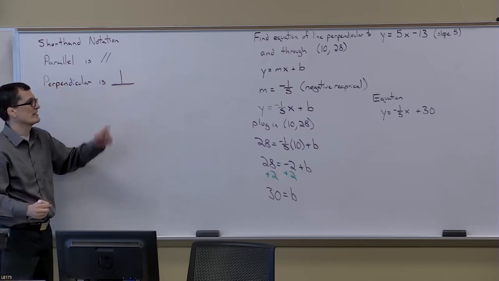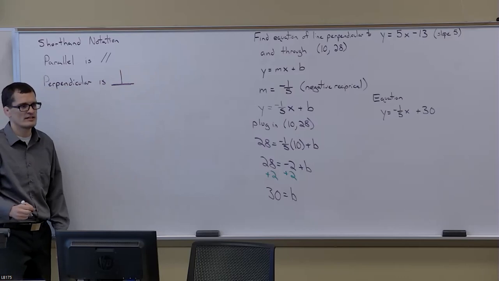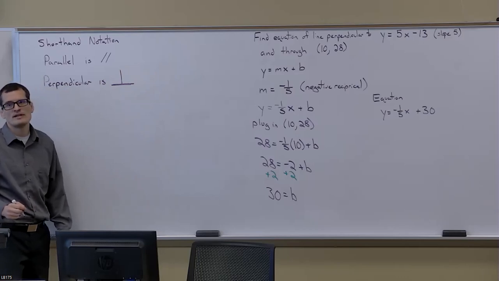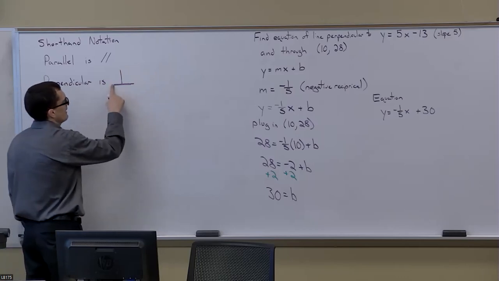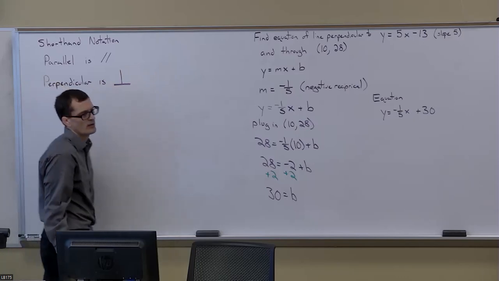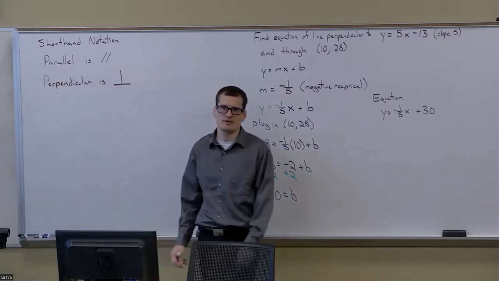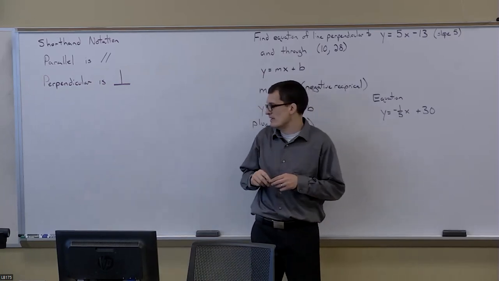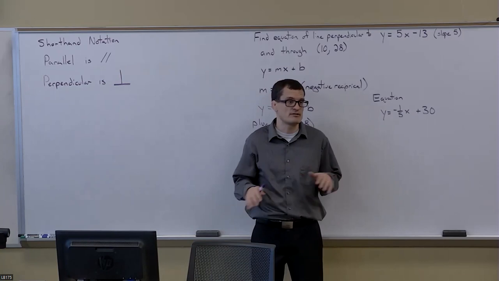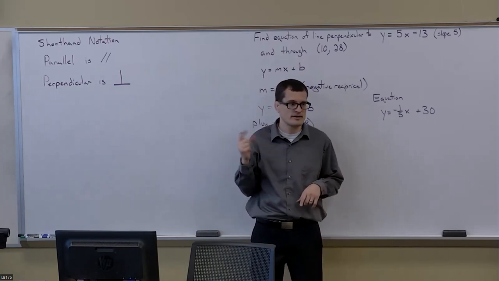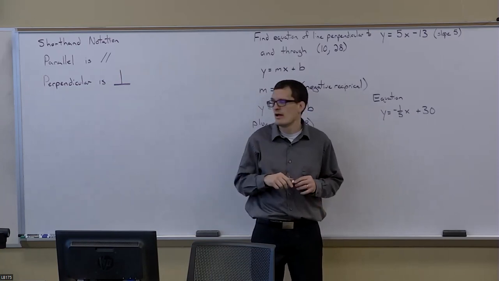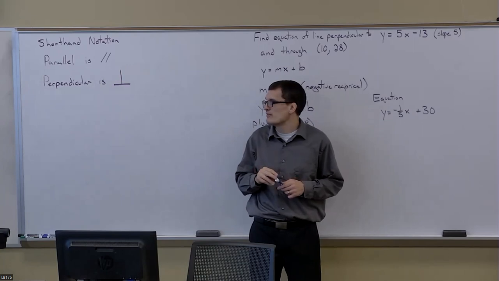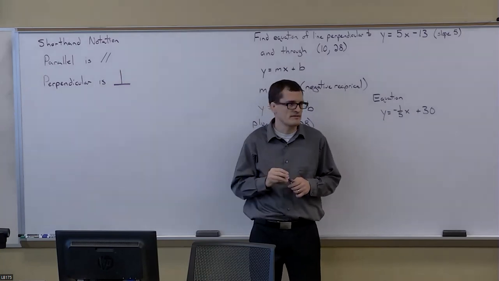Intersecting at right angles is what they're trying to indicate. So perpendicular, upside down T, parallel, two slashes in the same direction. So again, I tend to just type it out or spell it out. I did that on my two examples here. But in the future, if you see that, that's what they mean.